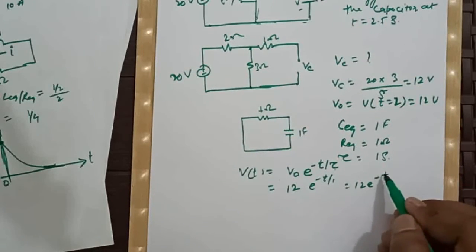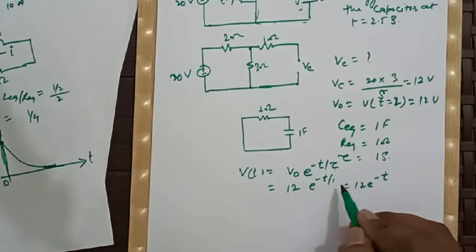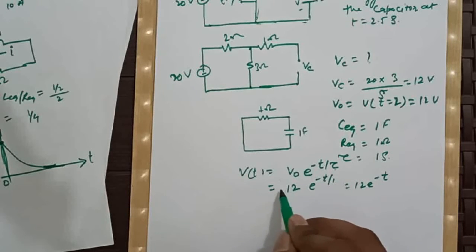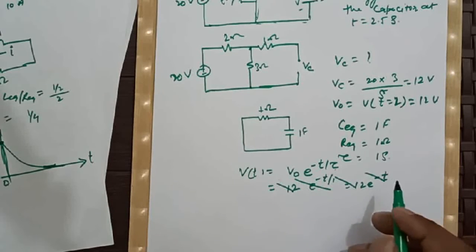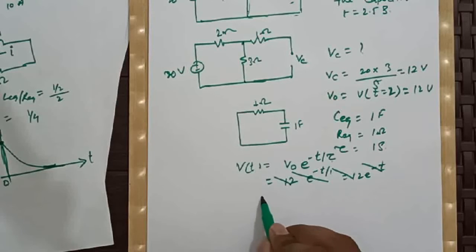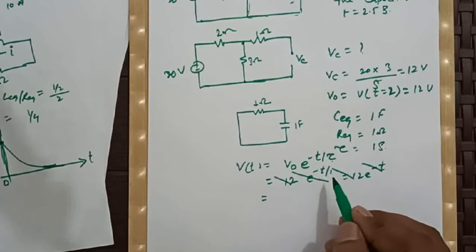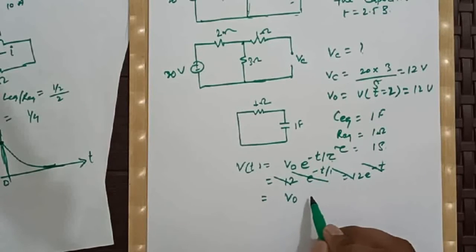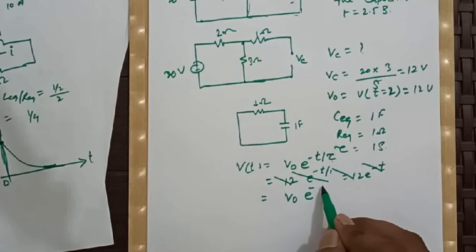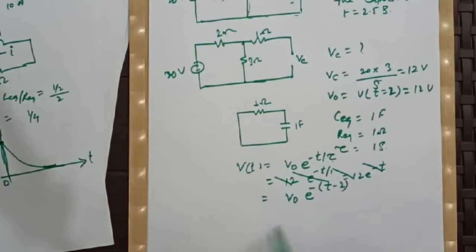So this circuit will have the response, not this, but a time-shifted form, which is V naught e to the power minus (t minus 2). As I said earlier, at the very beginning of the transient, we have to shift this graph.